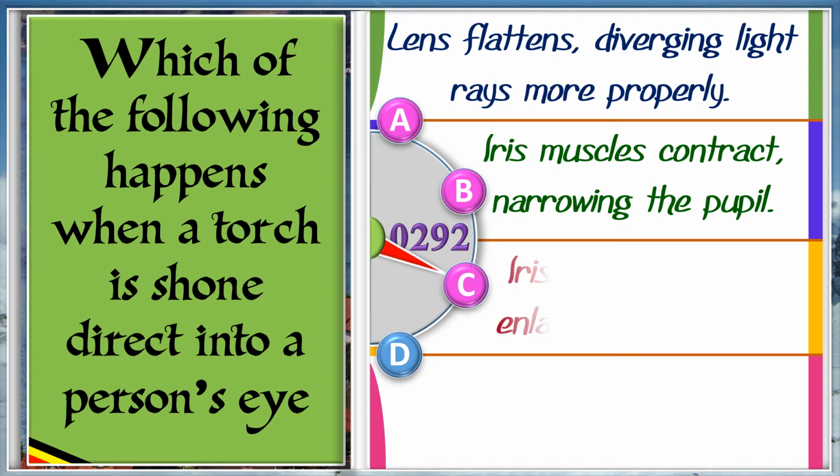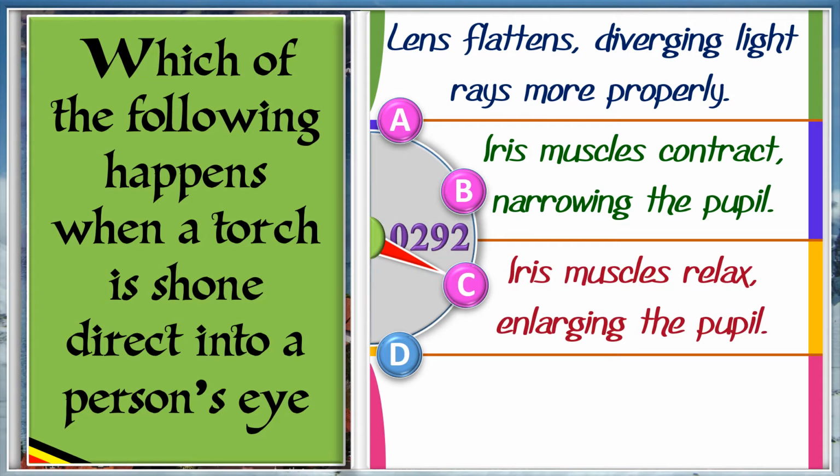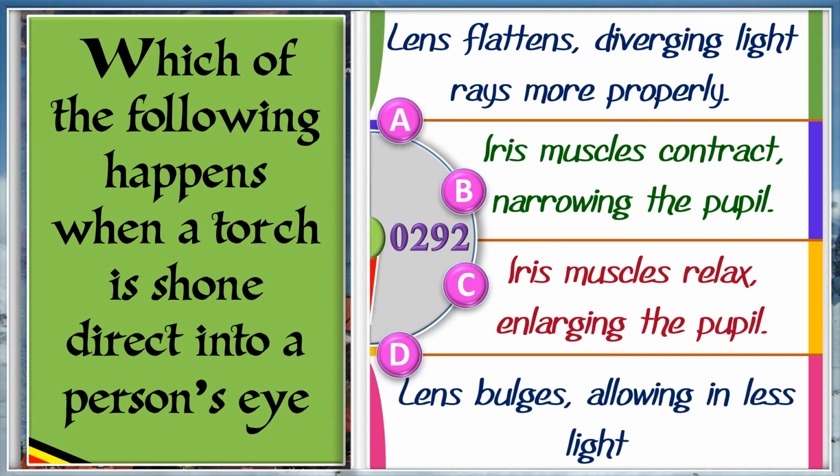C. Eyelash muscles relax, enlarging the pupil. D. Lens bulges, allowing in less light. And the answer is B. Iris muscles contract, narrowing the pupil.